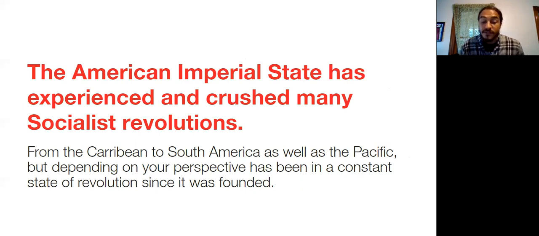But depending on your perspective, it has basically been in a constant state of revolution because it is a colonial state that became a colonial empire and has had to quell rebellions of their indigenous populations in order to control that colonial empire.